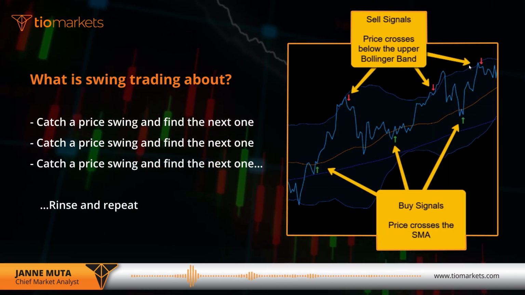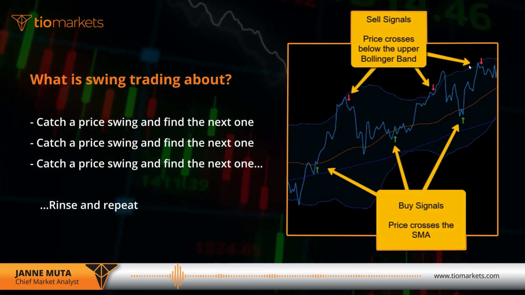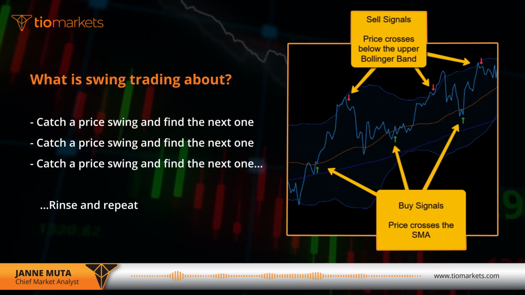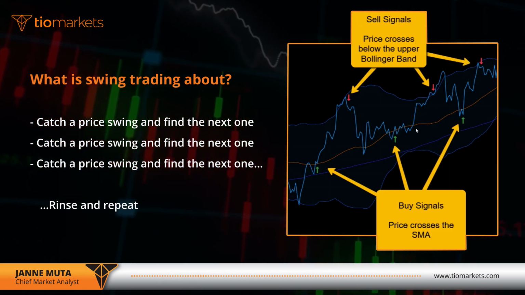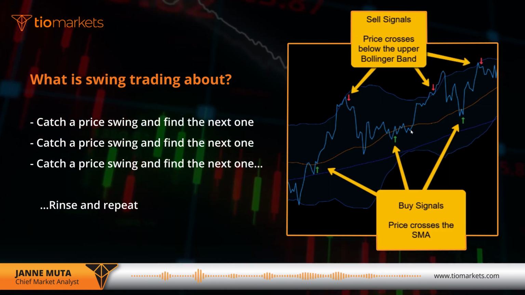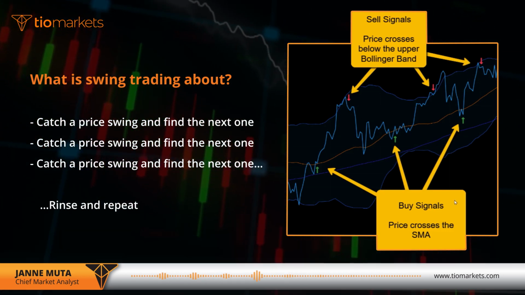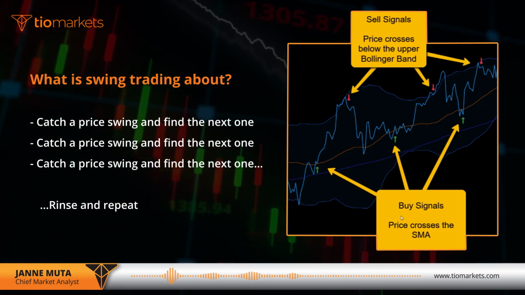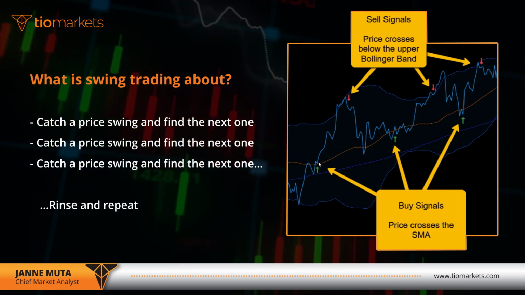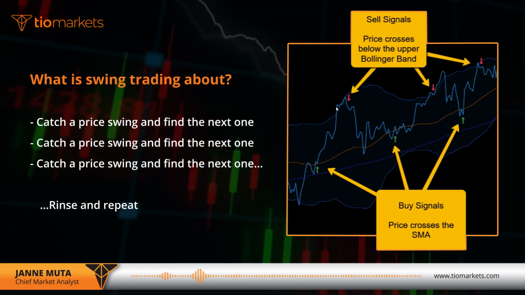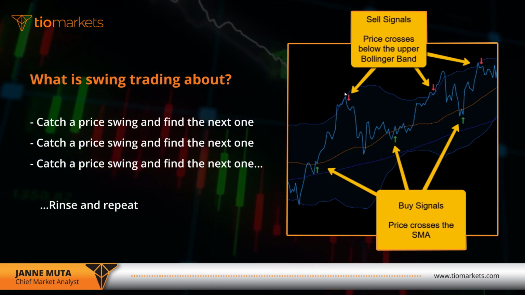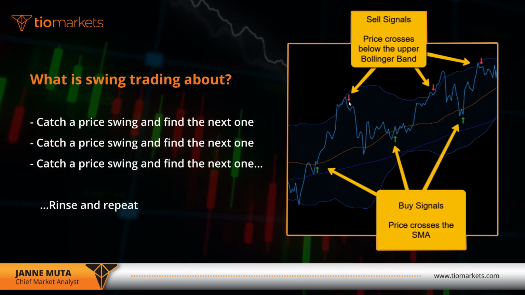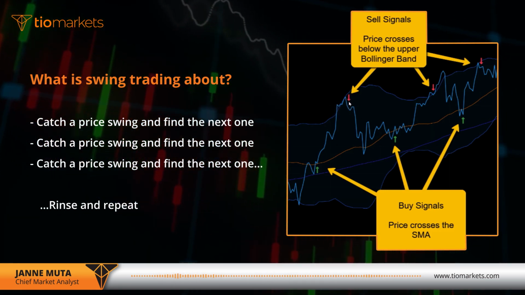So as swing traders, we want to have tools in our toolkit so that we can create strategies for catching these directional moves. And what I'm using here in this example is price crossing the SMA. This is the buy signal obviously here. And then when the market crosses above the upper Bollinger Band and then comes inside the Bollinger Band, that's the sell signal here.